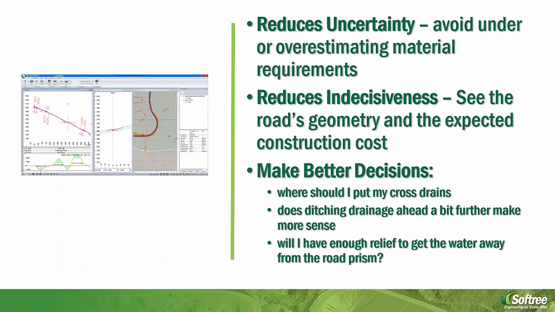So what we use the software to consider has some overarching benefits to it. Big three right here, we've got reduces uncertainty. No one likes uncertainty. It can be really expensive. So you either end up overestimating or underestimating things if you don't know exactly what to expect.